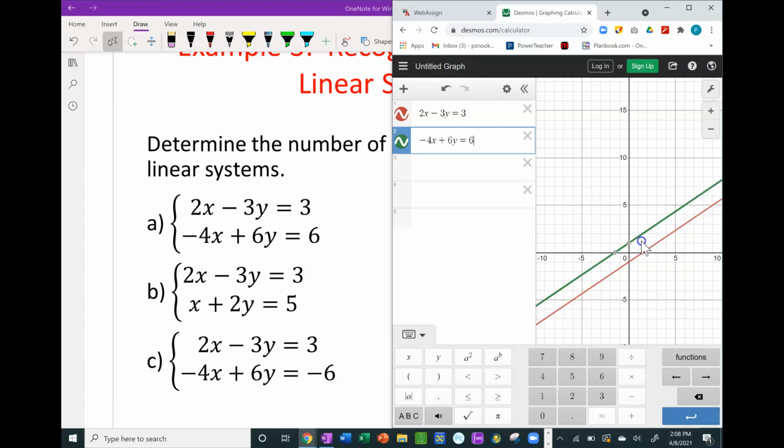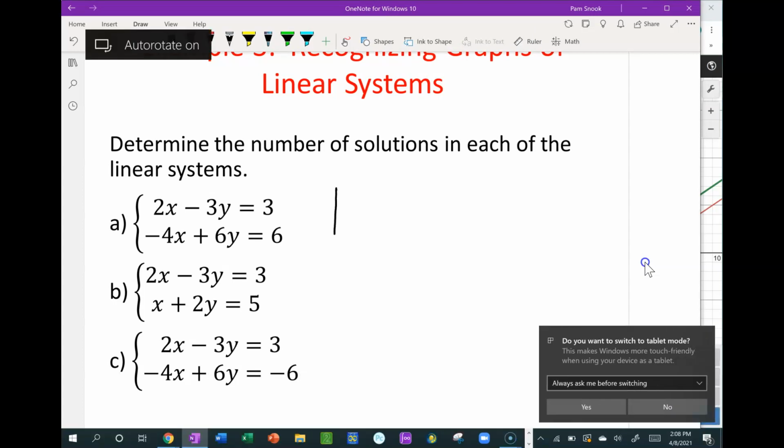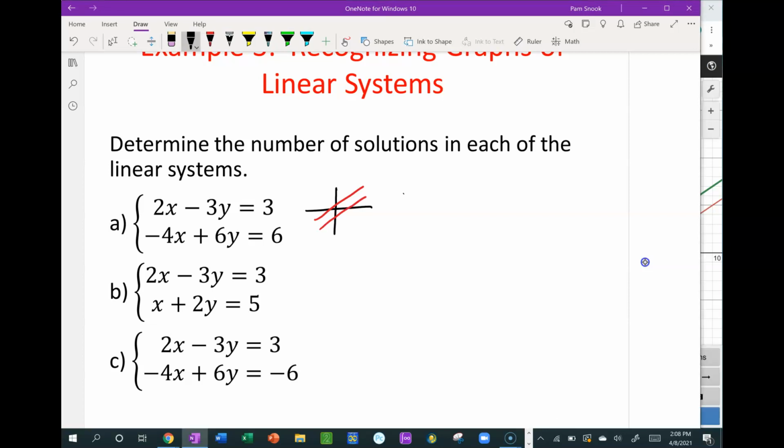You see how the red line and the green line are parallel to each other? They never intersect, so that's a no solution case. So in my notes, I'm going to draw a picture of what this looked like. I had two lines. One was like this and one was like that. And because that's what it looked like, I have no solution.